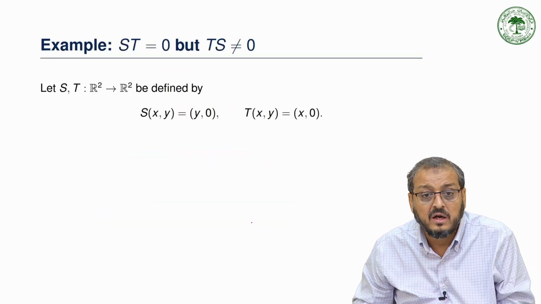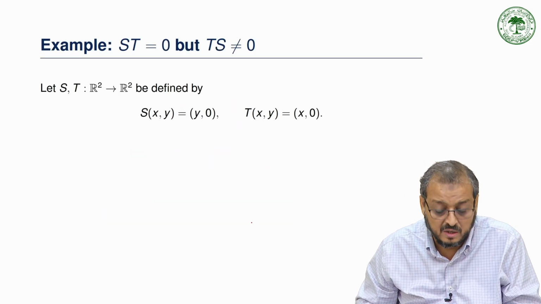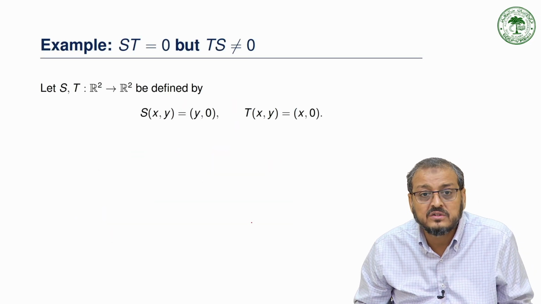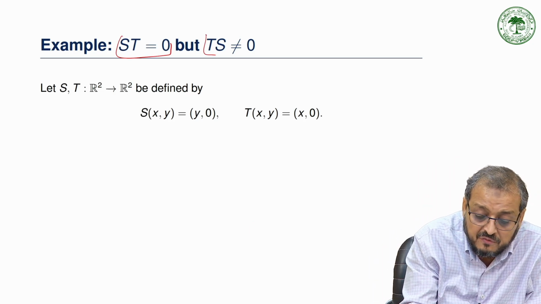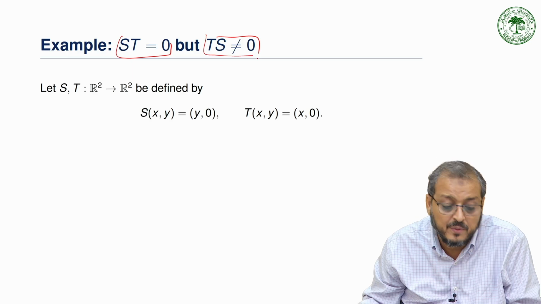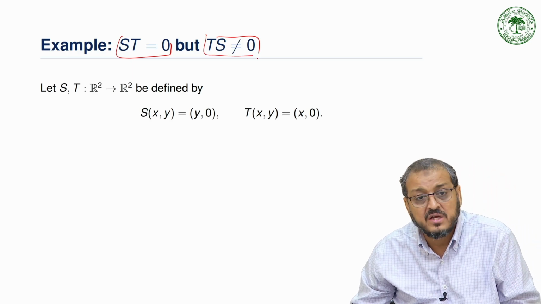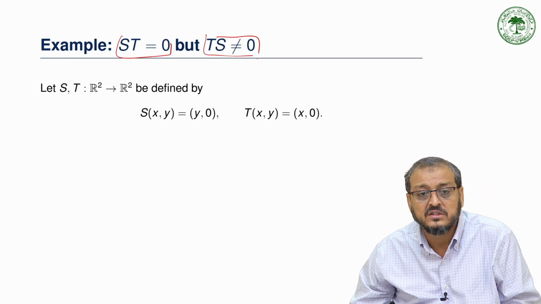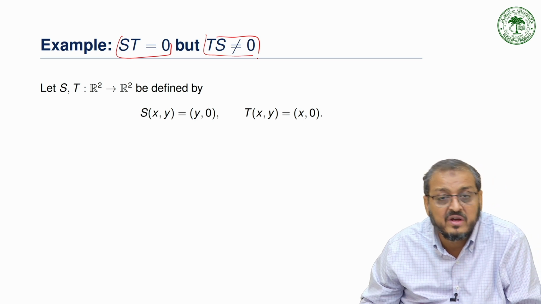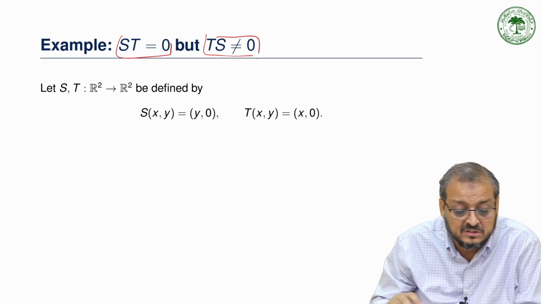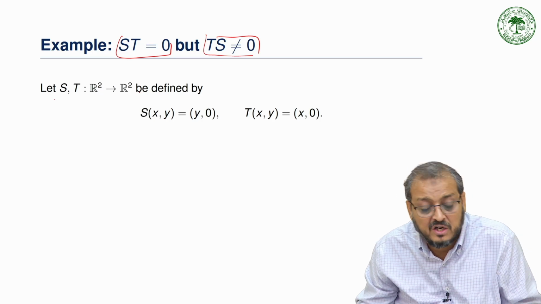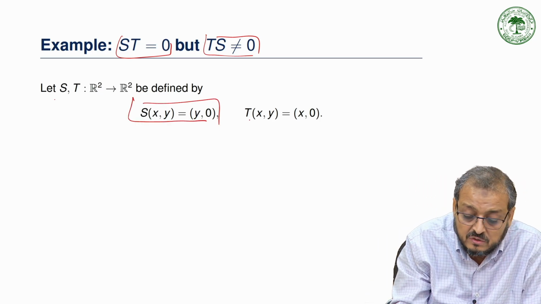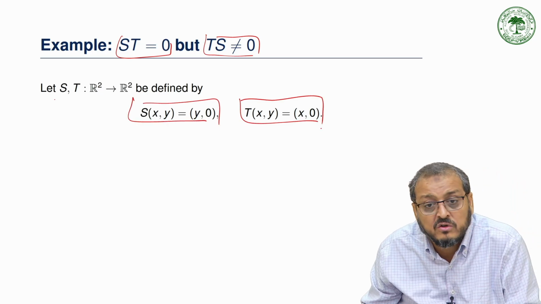I will try one more last example for this session. We show that S of T is equal to 0, but T of S need not be equal to 0. We have two composition maps, ST and TS. We find an example where ST is equal to 0, but TS is non-zero. So S and T are two linear transformations defined like this. S is clearly non-zero, T is also clearly non-zero.